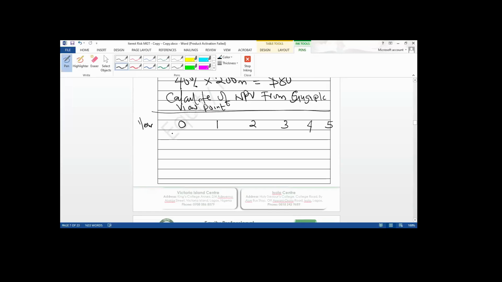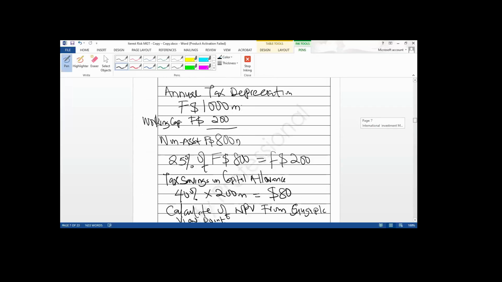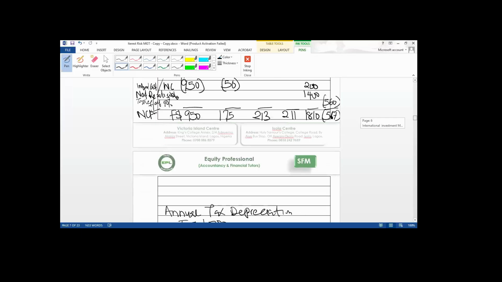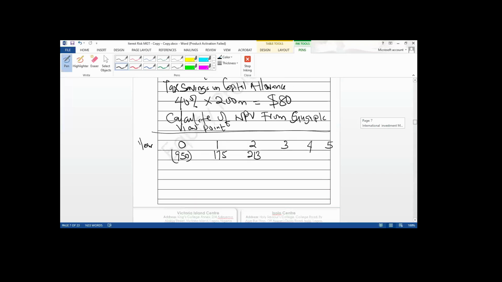First, pick the figure you have up. In F dollar 950, 175, 2, 1 3. 213, 211, 1810, 567 negative.